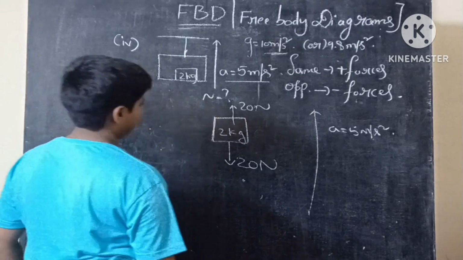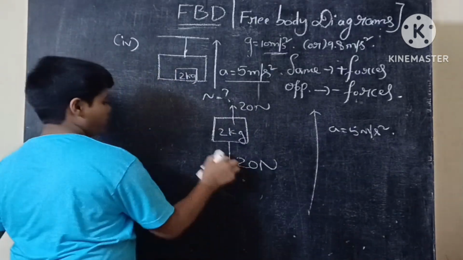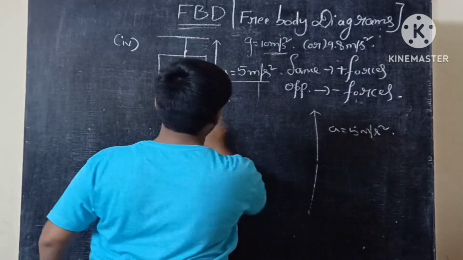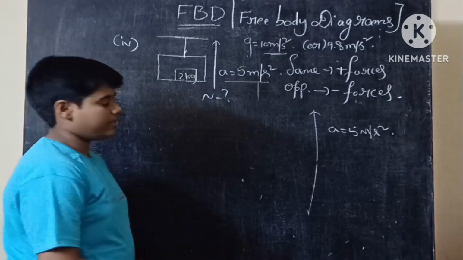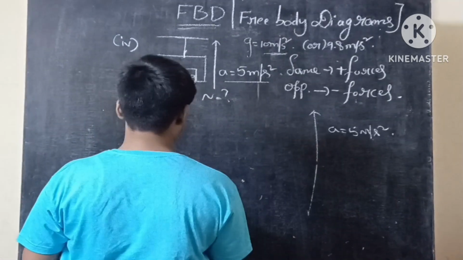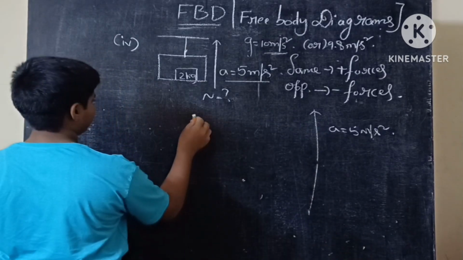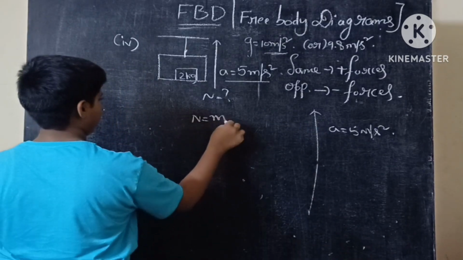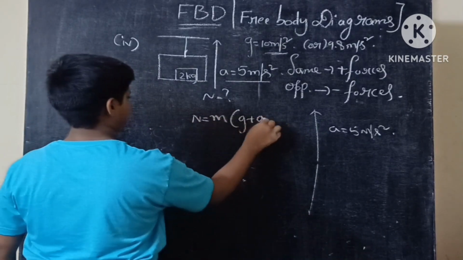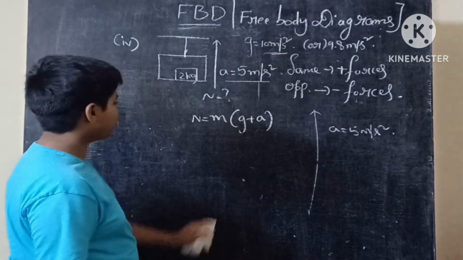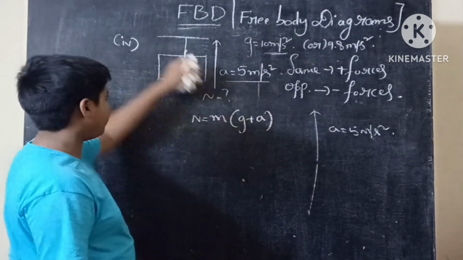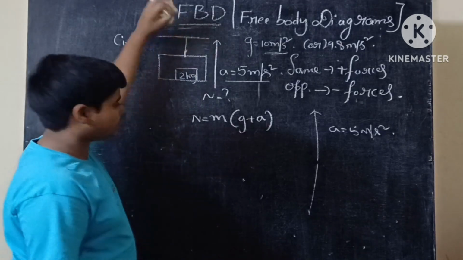There is no need of this free body diagram when they give a case like this. Simply we can use the formula N is equal to m into (g plus a). This is the formula, because this is going upward, which means the full force acts in that direction.